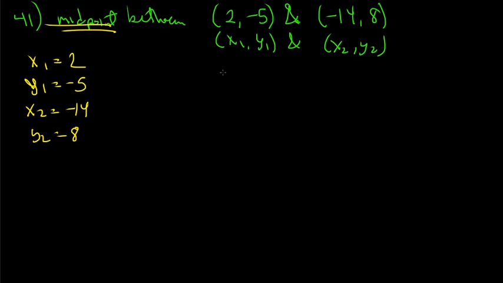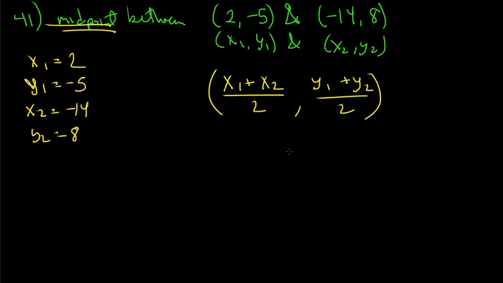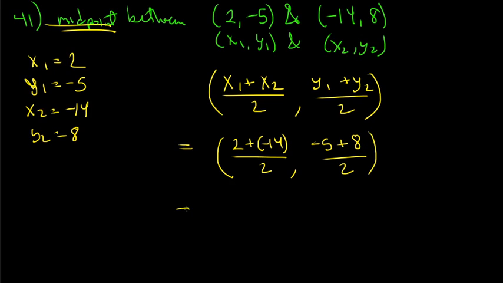Okay. Midpoint. It's the point halfway in between. When you think halfway in between, just divide by 2. So x1 plus x2 over 2, y1 plus y2 over 2. You're not subtracting, you're adding here. So in this case, it's going to be 2 plus -14 divided by 2. And then the y-coordinate will be -5 plus 8 divided by 2. So 2 minus 14 is -12 over 2.